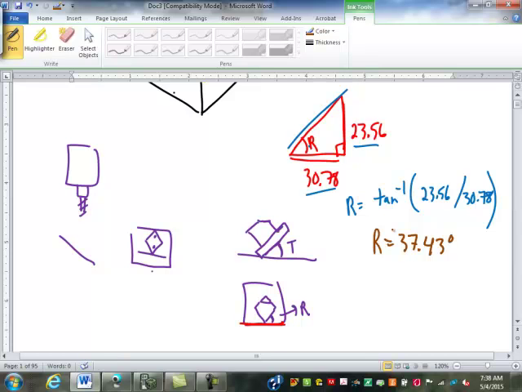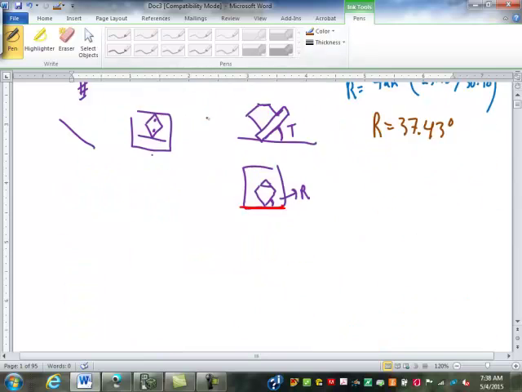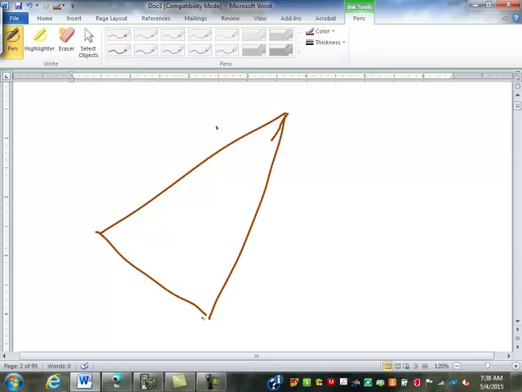So now we need to find the angle of tilt. That angle of tilt, if we're looking at this section here, and I'm going to draw it a little bit larger here, quick. If I can make it work. So there's that section.